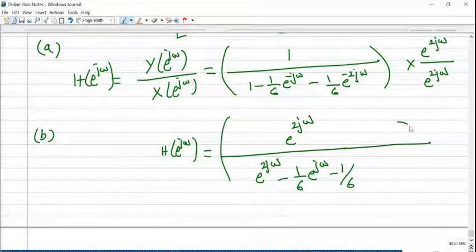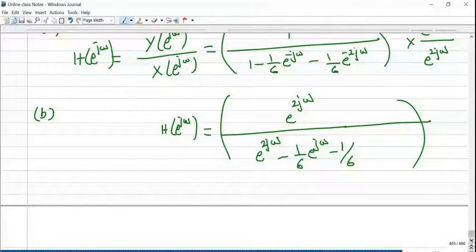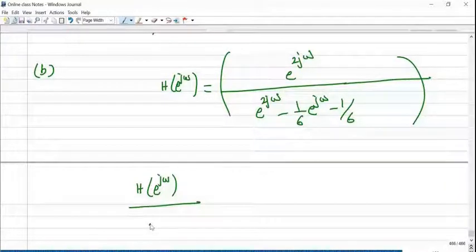Convert the given equation to e power j omega form, all positive powers. What I told you about the partial fraction method, particularly while finding the inverse DTFT: you always keep one e power j omega in the denominator on the left side. Even if the term is not there on the right side, you just multiply the e power j omega term in both numerator and denominator and take that e power j omega to the left side.